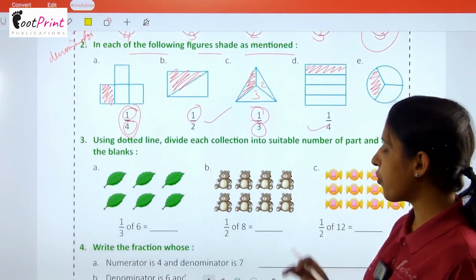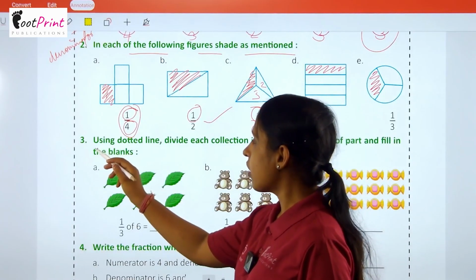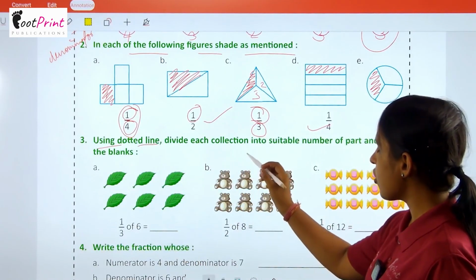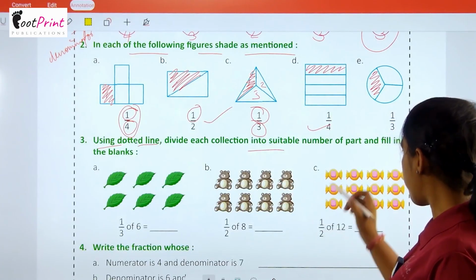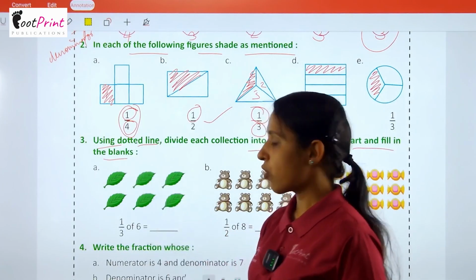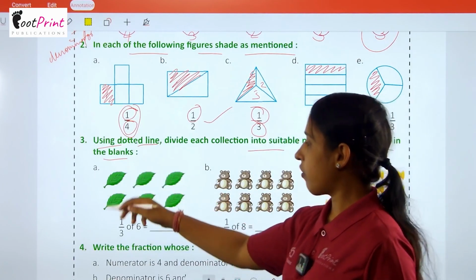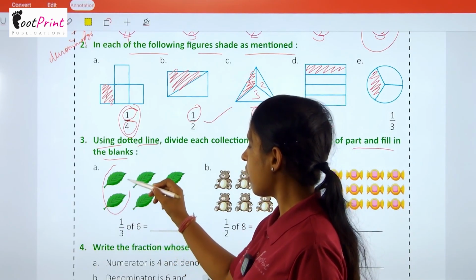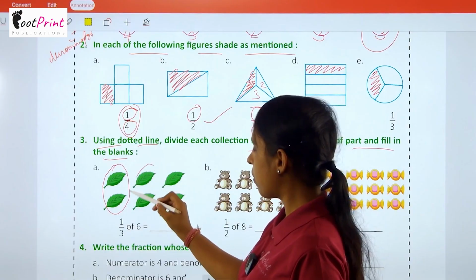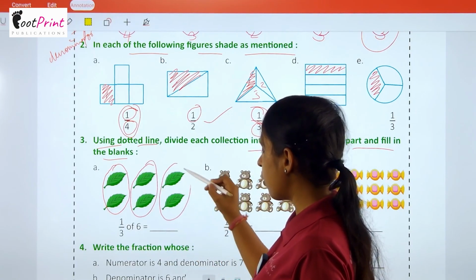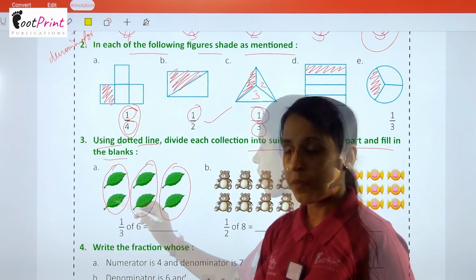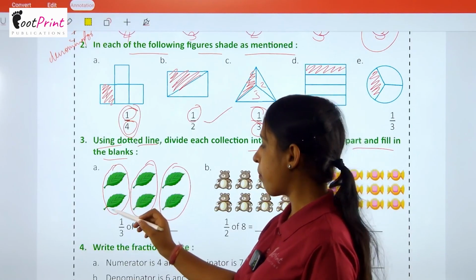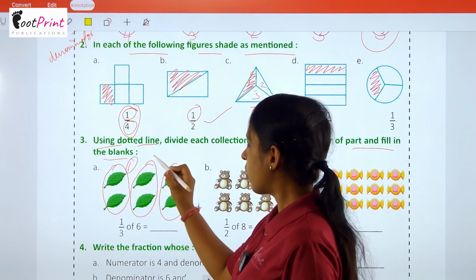Now move to the next question. Using dotted lines, divide each collection into a suitable number of parts and fill in the blanks. So here we have to divide it into equal parts. Just like that, here I collected 2, 2 and 2. So 1/3 of 6: there are 6 leaves and we have divided them into 3 parts.